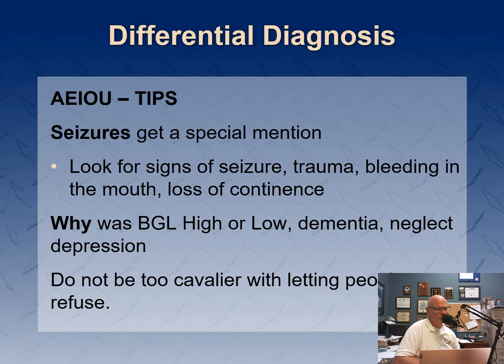So it probably has to do with them not peeing. U could also be underdose, if they're not taking a medication they're supposed to, and that could be causing some problems. T is trauma, and toxins can be there too, toxicology. So check to see if maybe there's been an ingestion or an exposure of some sort. Look around again for trauma, head injury type of things.